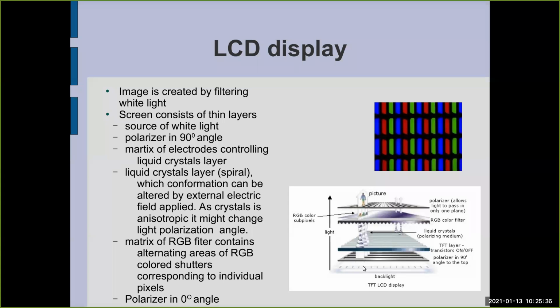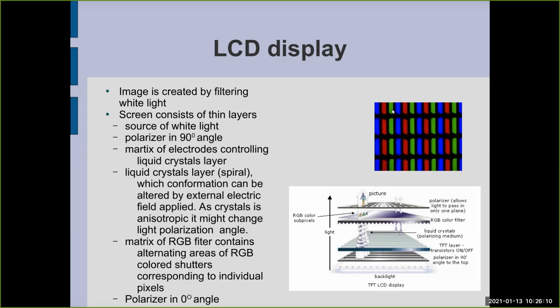Okay, but you can see that the backlight is white, so it has white color. So now how are the colors obtained? After the liquid crystal layer, we have an RGB color filter. So it looks like here. The system is able to control the brightness of each component.